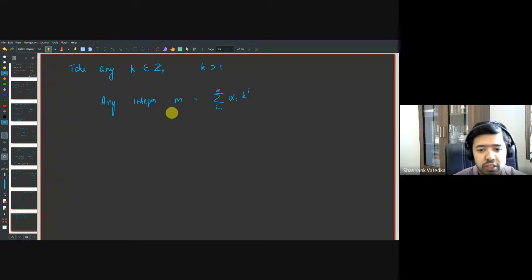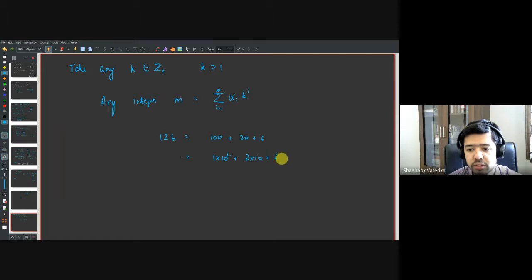So, for example, if you take the integer, say 126, this is the decimal representation. You can write this as 100 plus 20 plus 6, which is 1 into 10 squared plus 2 into 10 plus 6 into 10 to the 0. Right? So this should be i equal to 0 to infinity.